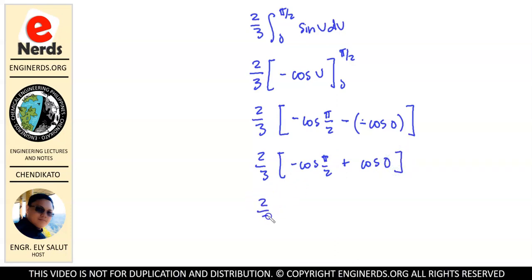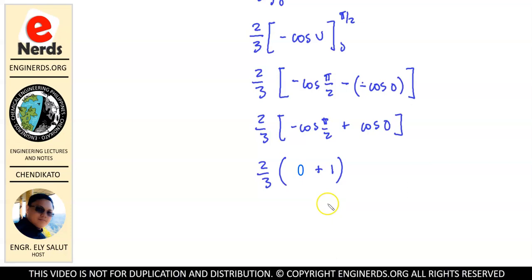Alright, so I have 2/3. Now, negative cosine of pi over 2. Cosine of pi over 2 is equal to 0. And then plus cosine of 0 is equal to positive 1. So 0 plus 1 is equal to 1. So that means our answer here will be equal to 2/3.